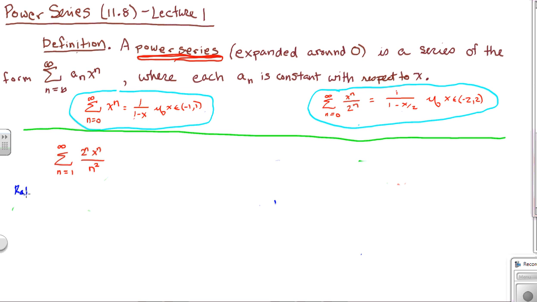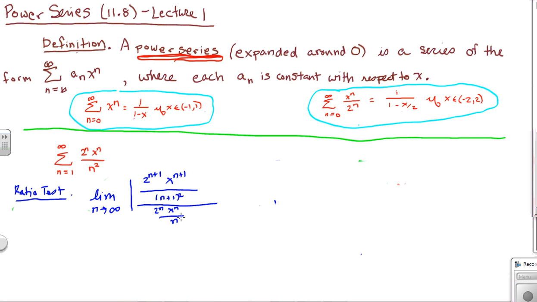If we look at the ratio test, this is going to allow us to get some bounds on what we're looking at. So with the ratio test, I'm going to look at the limit as n goes to infinity of the absolute value of 2 to the n plus 1, x to the n plus 1, over n plus 1 squared, all over 2 to the n, x to the n, over n squared.